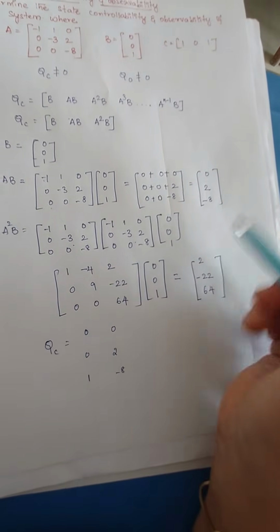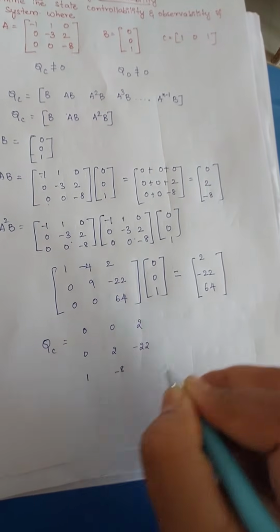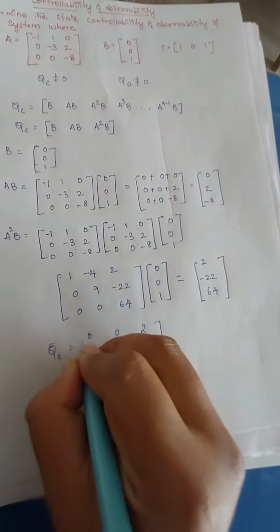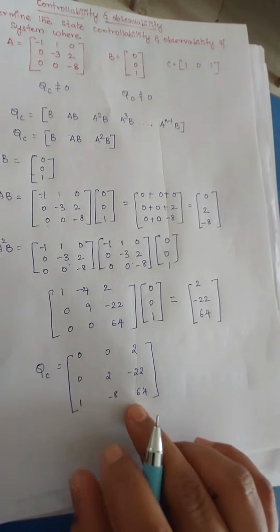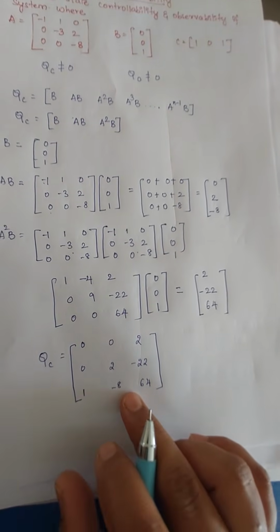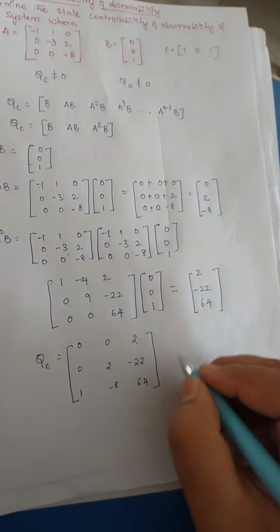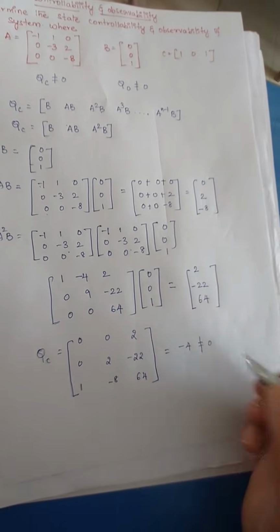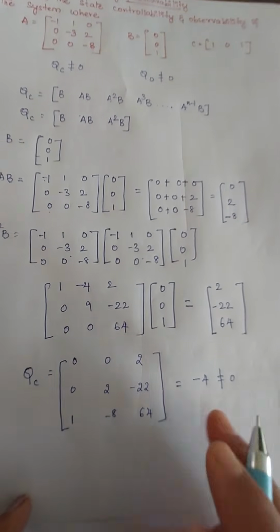The third column is 2, minus 22 and 64. Now we need to find the determinant of this QC. If you find the determinant of QC, it is minus 4, which is not equal to 0. So the system is said to be controllable.